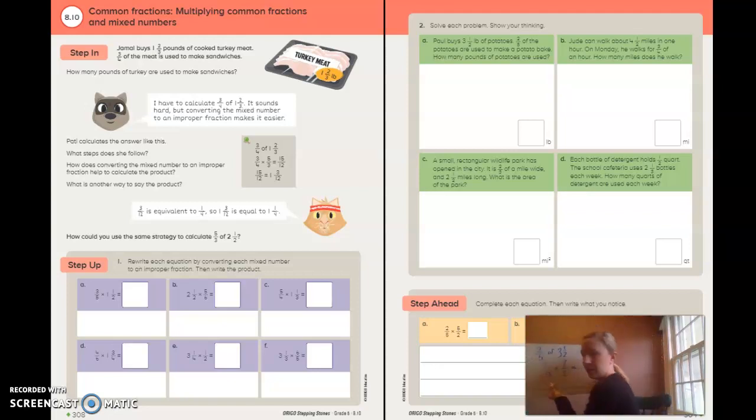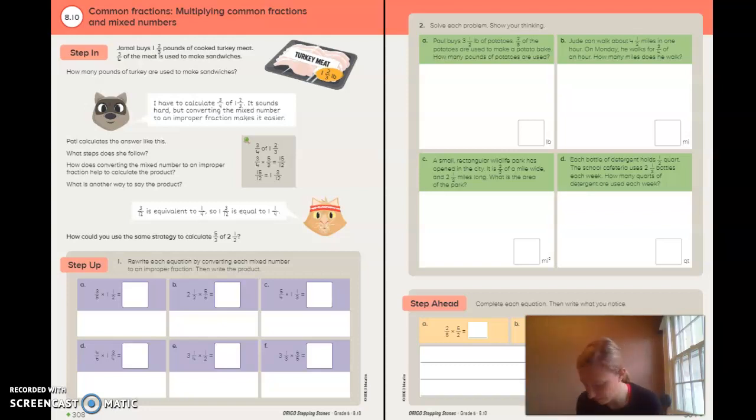That's going to give me the answer. 2 times 7 is 14, because when we're multiplying fractions, we just multiply straight across, there's nothing fancy. And 5 times 2 is 10. 14/10 is your answer. However, you're not done because you have an improper fraction. See how many times 10 goes into 14. It goes in 1 time, and 4 out of 10 are left over. Therefore, your answer is 1 4/10.